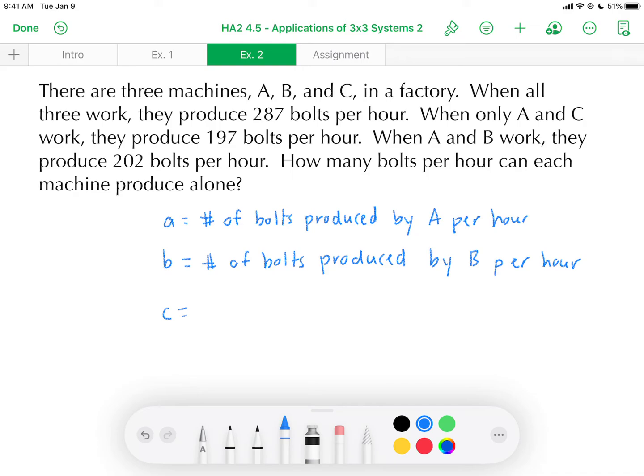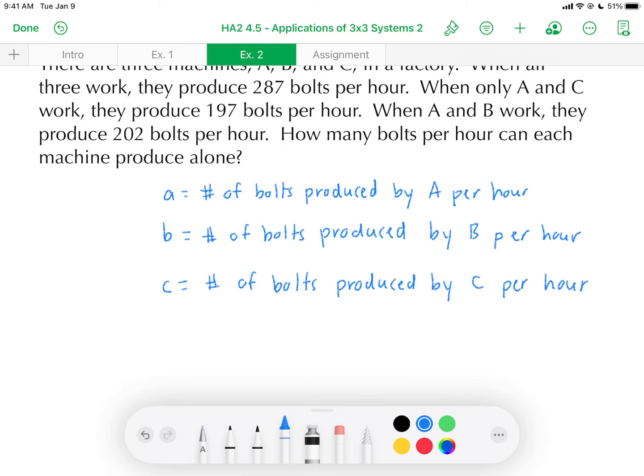And then c, number of bolts produced by machine C per hour. When all three work, they produce 287 bolts per hour. So wouldn't that mean A plus B plus C would have to equal 287?